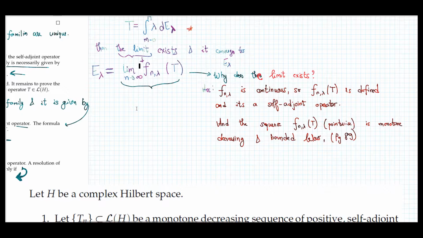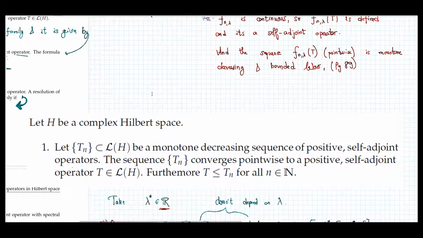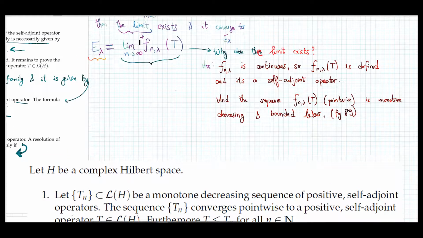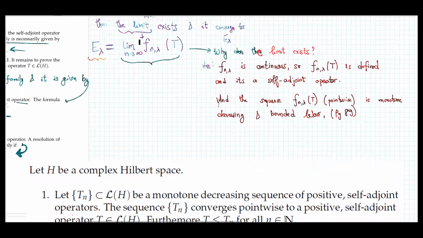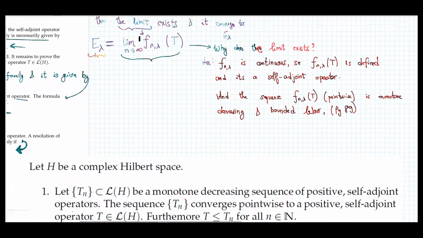And now the theorem is that this limit is equal to E lambda. So we don't prove why this limit is equal to E lambda, but from an understanding point of view, we can say that if we have a monotone decreasing sequence of positive self-adjoint operators, so we know that f_n lambda of T is positive and self-adjoint, then the sequence converges pointwise to a positive self-adjoint operator, which is given by E lambda.